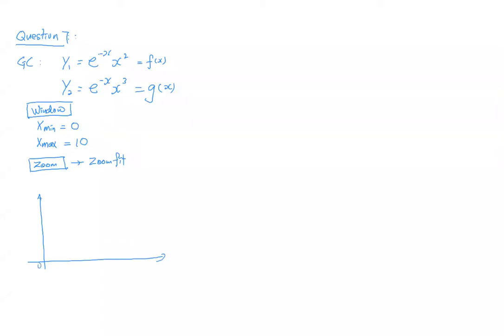Okay, one goes in this way. You can see there are obviously two inflection points, and the other one goes somewhat like this. Higher up, the inflection point goes further. So this is your f(x), and this is your g(x).